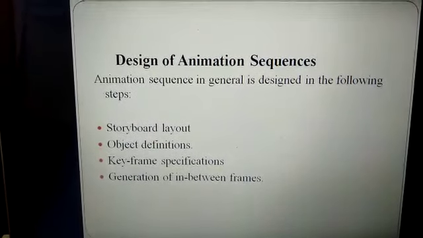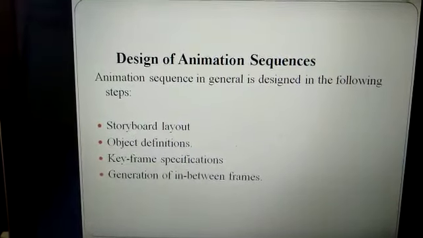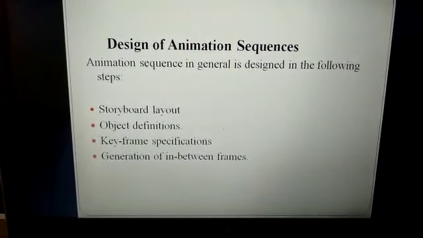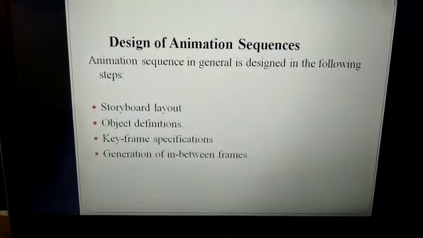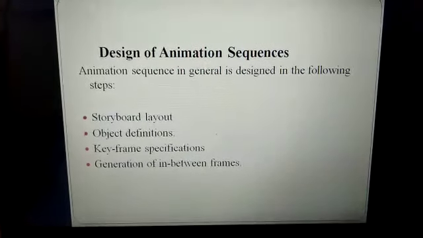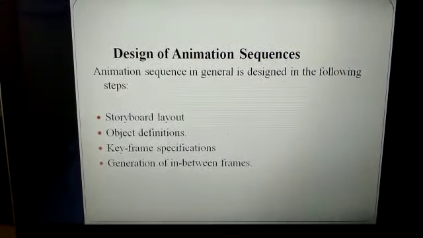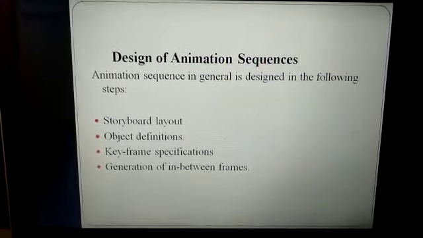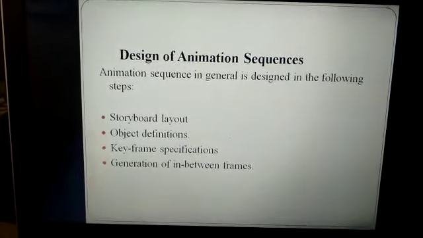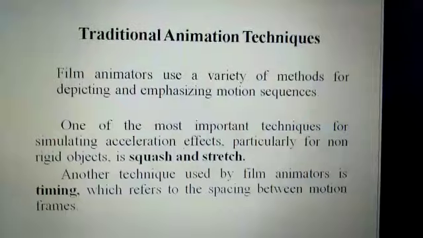Some keyframes are chosen at extreme positions in the action, others are spaced so that the time interval between keyframes is not too great. In-betweens, or the intermediate frames between the keyframes, make up the rest. The total number of frames, and hence the total number of in-betweens needed for an animation, is determined by the display media that is to be used.